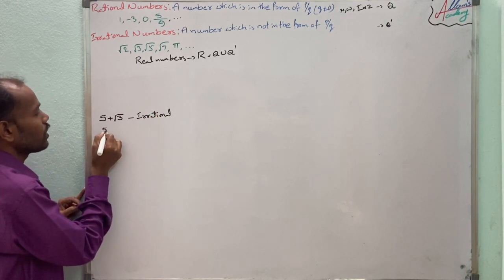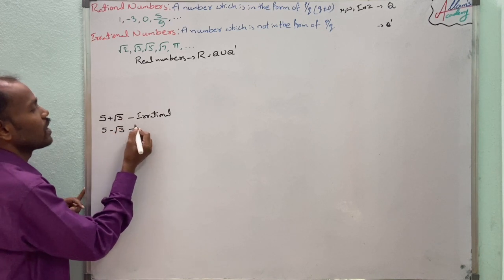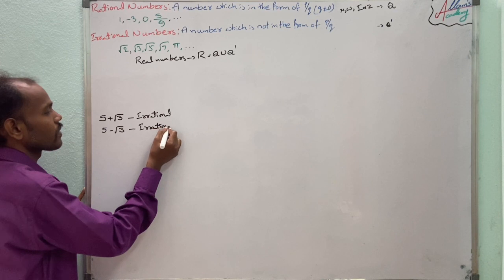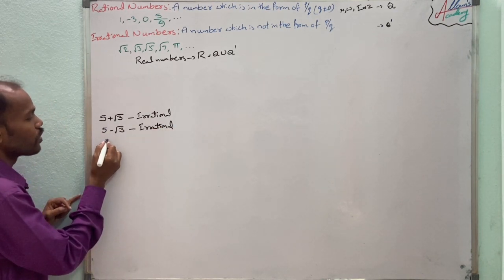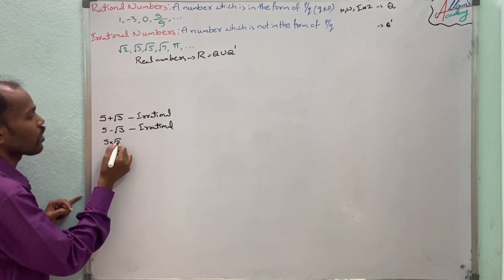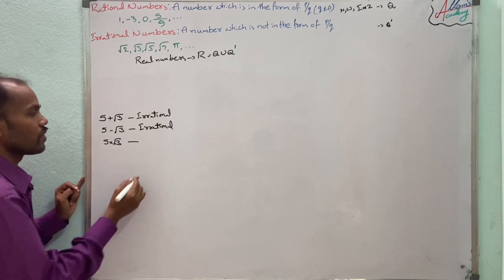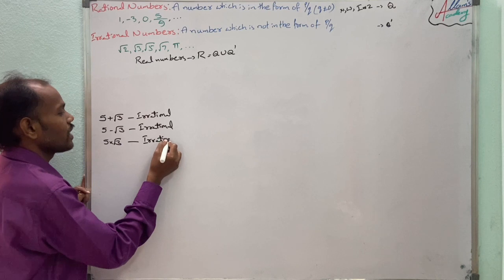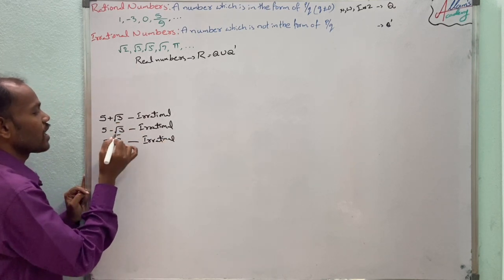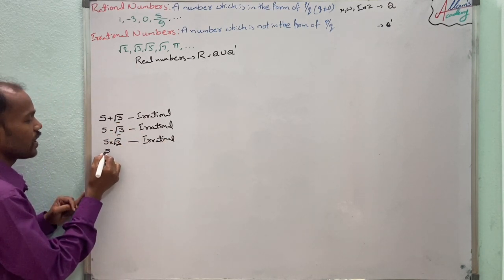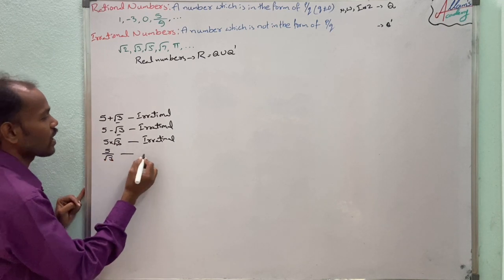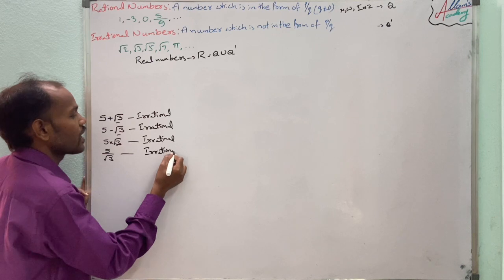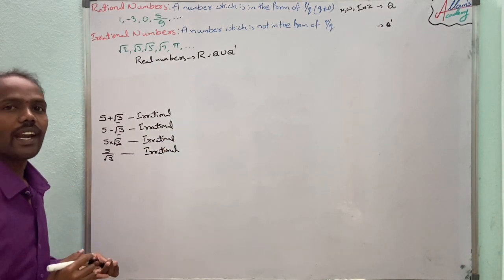If 5 minus root 3, here also we get an irrational number. If we do the product 5 and root 3, now also we get an irrational number. And 5 divided by root 3, here also we get an irrational number. These we already studied in our 9th class.